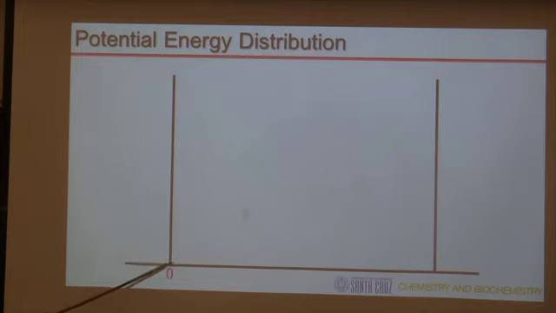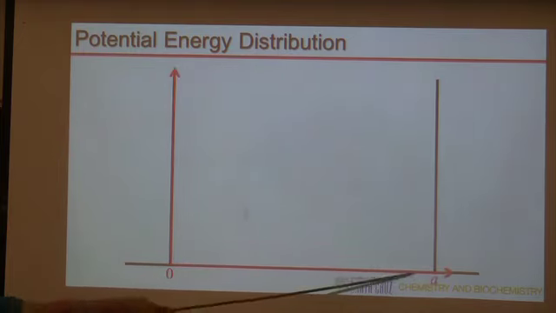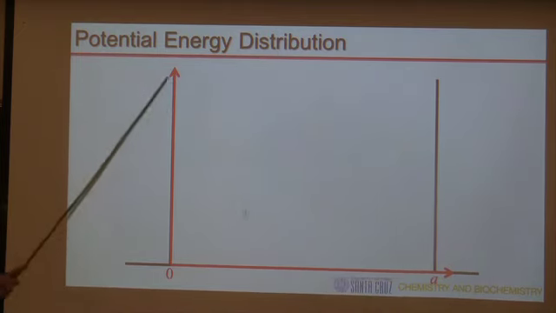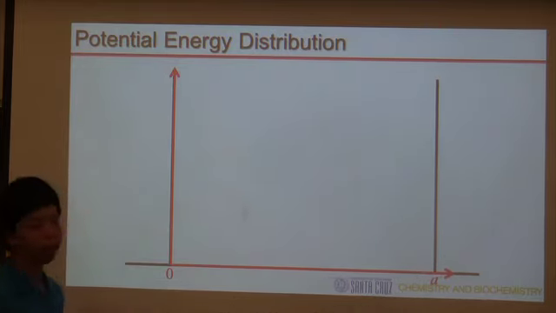We choose this point as the origin, and we set this direction as the positive direction of the x-axis, and this direction as the y-axis. And the length of the box is defined as a.